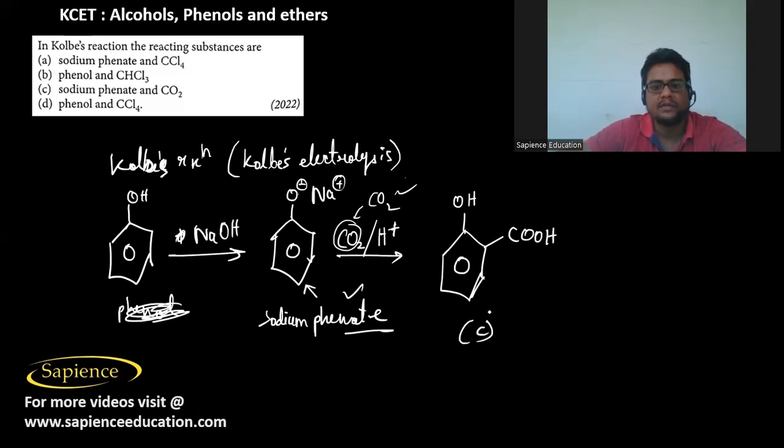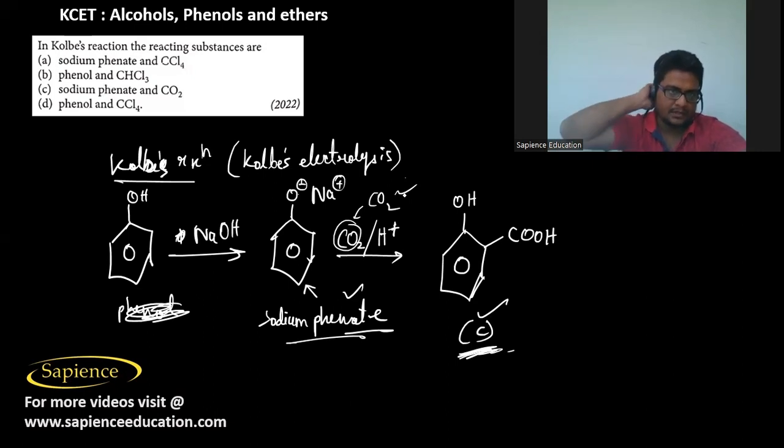So option C is the correct answer. So phenol is not the reacting substance, but here the sodium phenate and carbon dioxide are the reacting substances in Kolbe reaction.